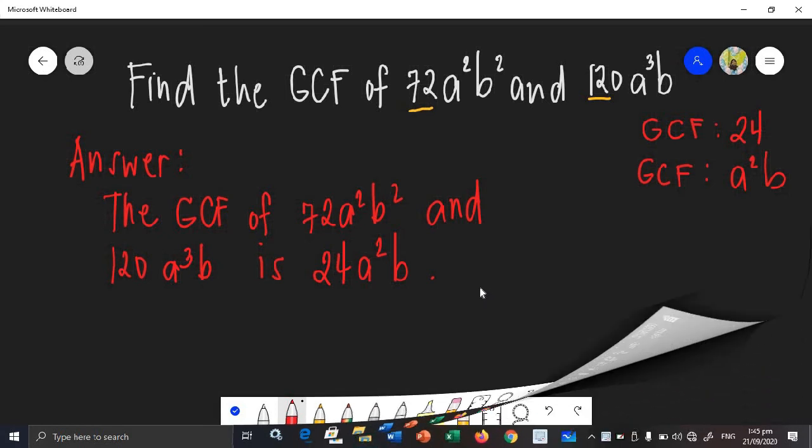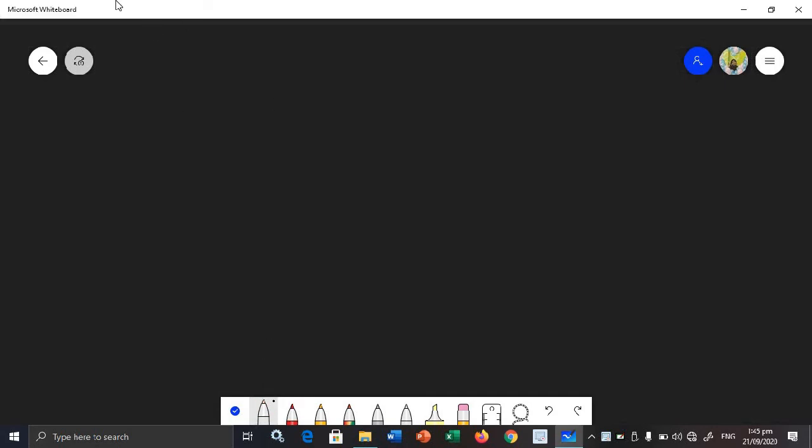Now that we know how to get the GCF in algebra, we can now factor polynomials with a common factor. So let's say, for example, we will be factoring this polynomial here.